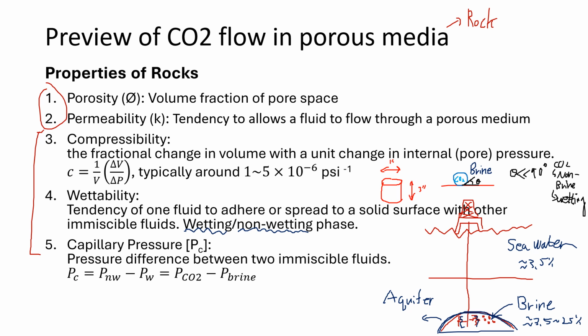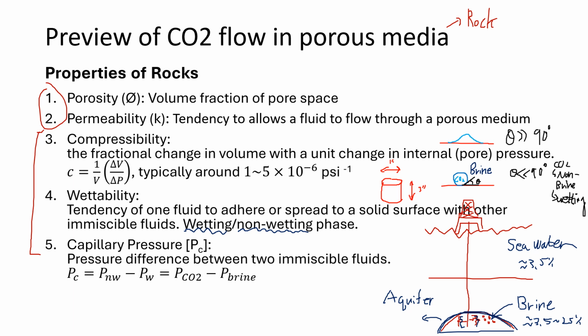And of course, in some cases, we may have the case where this theta is going to be larger than 90 degrees. And that indicates that the wetting phase in this case is going to be the CO2, not the brine. And in this case, the CO2 will be like this.